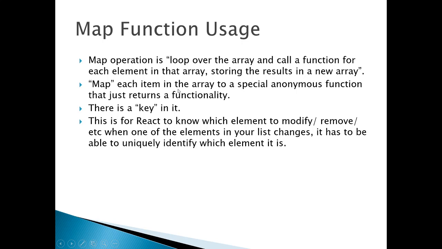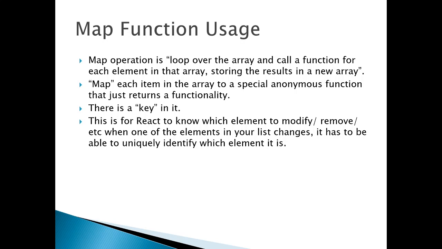So it maps each element in an array to an anonymous function that returns some functionality. And there you can also put a key into it. The key is used to uniquely identify each element in the array. So you can use the key, and you can use the content in a loop. That is the working of the map function.